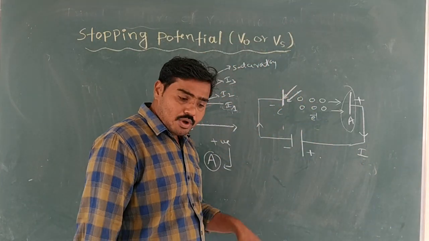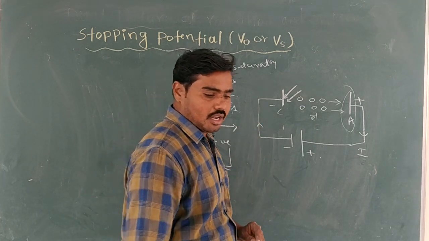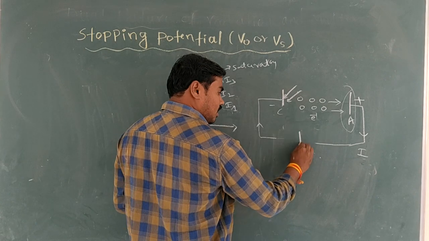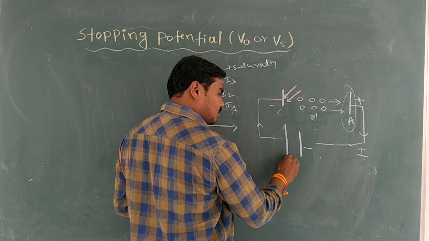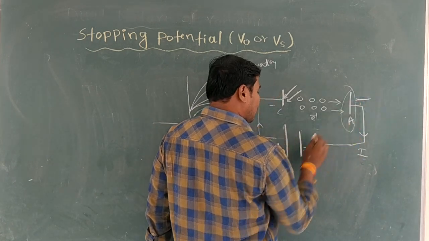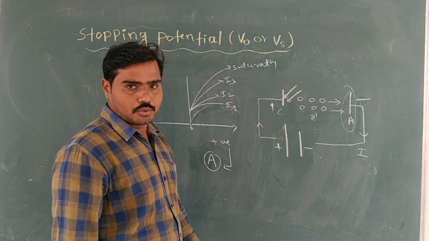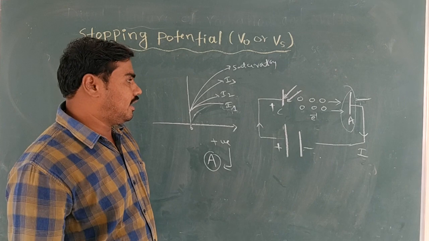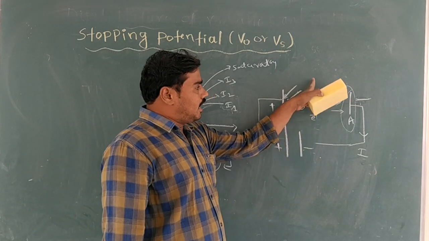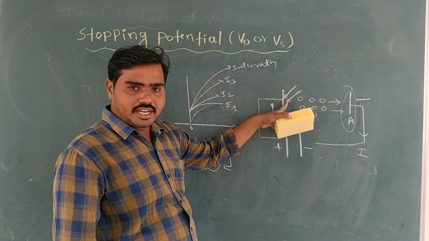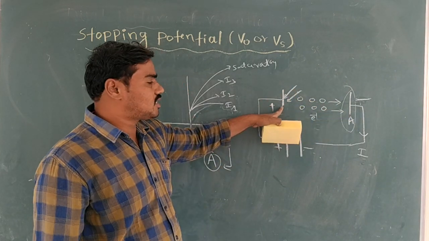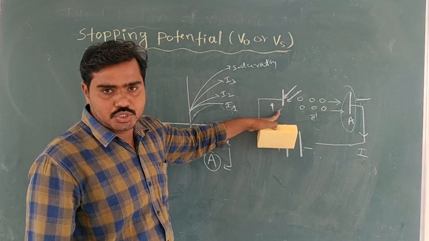Okay. Now reverse the potential. Reverse the potential means this one is a negative potential and this one is a positive potential. When you apply negative potential to the anode and positive potential to the cathode, at that time when the intensity of UV radiation increases, photoelectric emission does not increase because the cathode's potential is positive.